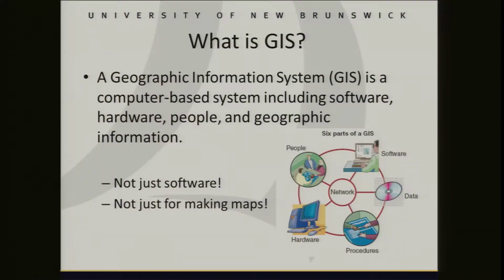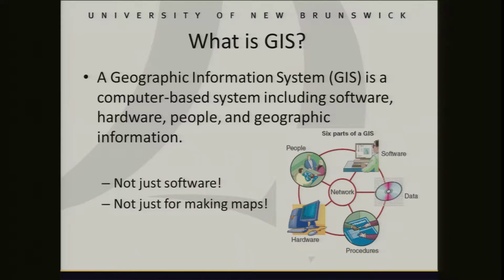So broadly speaking, a GIS is a computer-based system that includes the software. It includes the hardware, the software being ArcGIS or something like that, or Excel, Microsoft Access, any other sort of database type software.